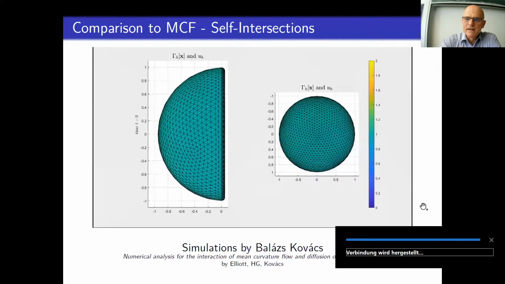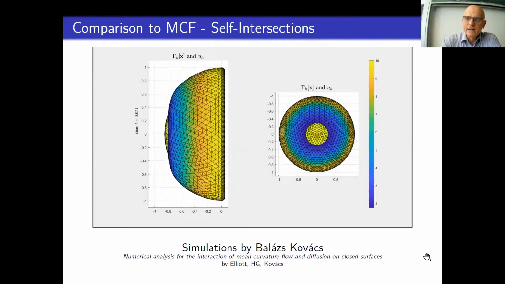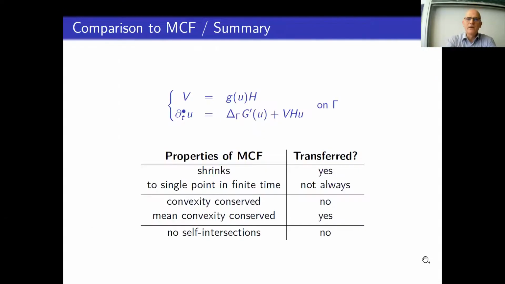Here you see it again, and then we continue to summarize. We have convexity conserved in 1D, let's say, or for curves; for surfaces it's not conserved, and we can have a self-intersection, but also something which is maybe interesting.